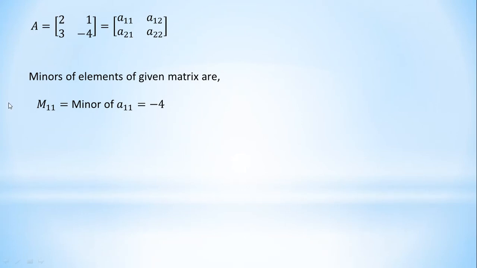Next, the minor of A12, denoted by M12. By ignoring its row and column, you get just this element, that is 3. So directly you can write the minor of A12 is equal to 3.